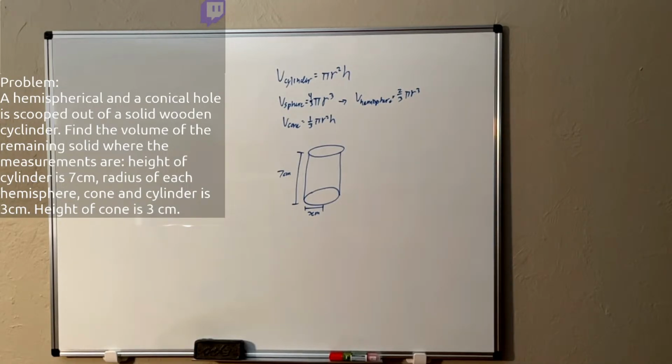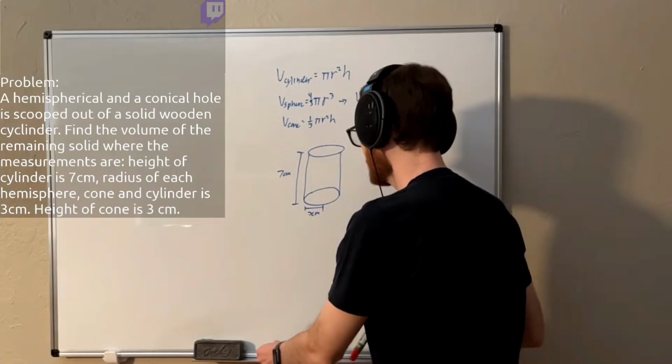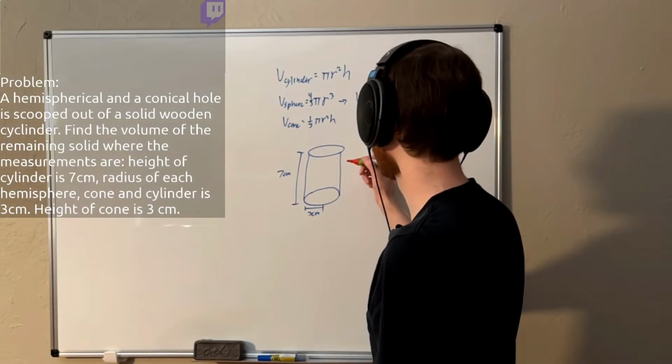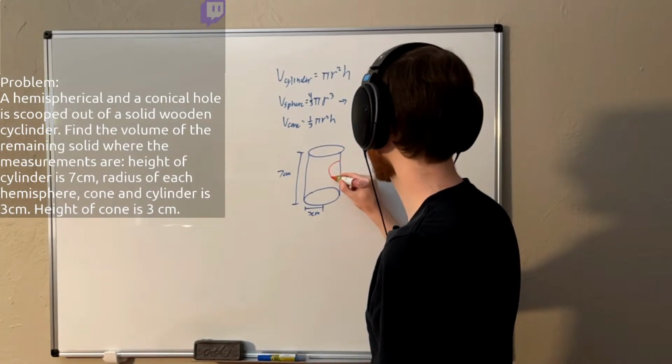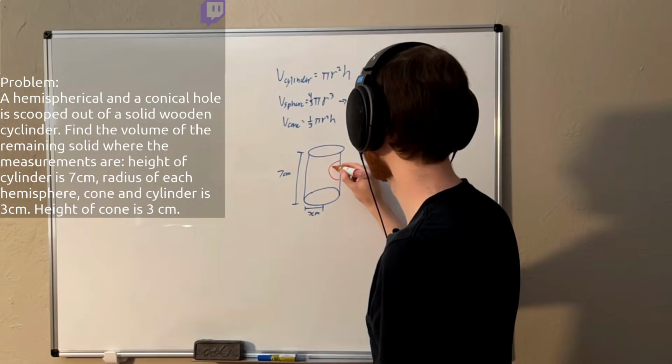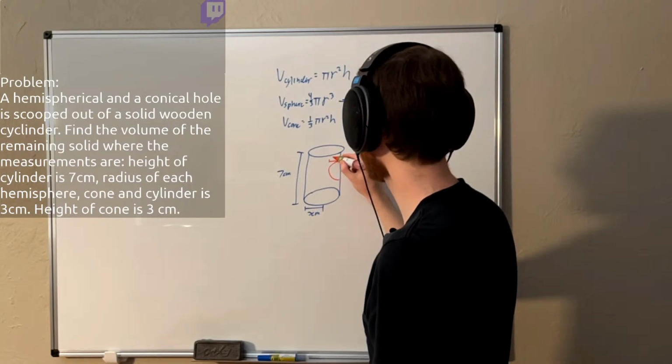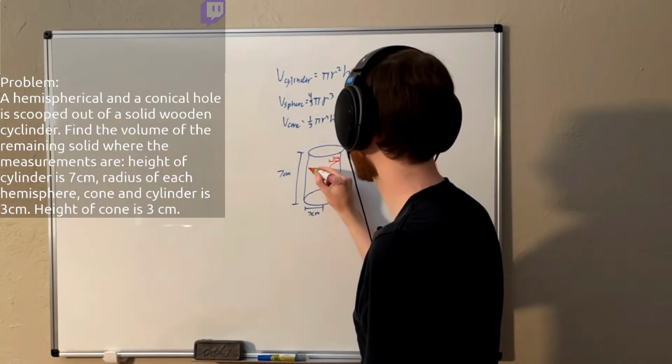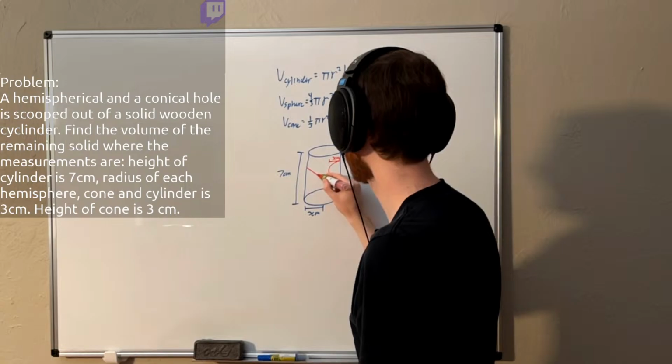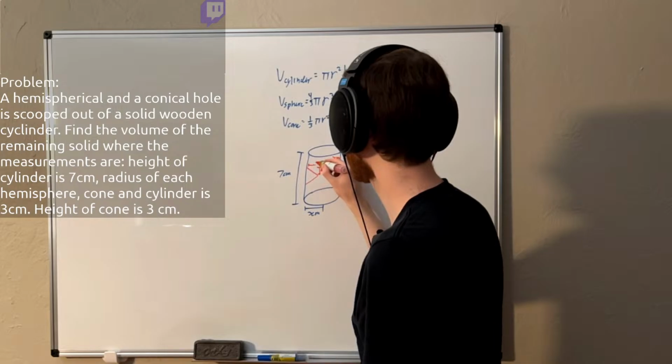Okay, so everything else is kind of 3. So we have a hemispherical hole, radius 3, and a cone, radius 3, height 3.